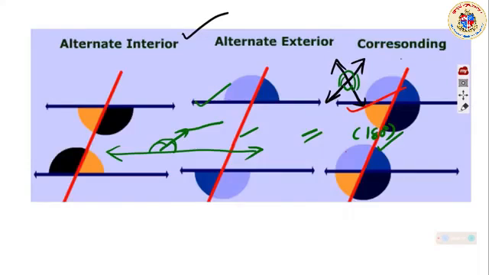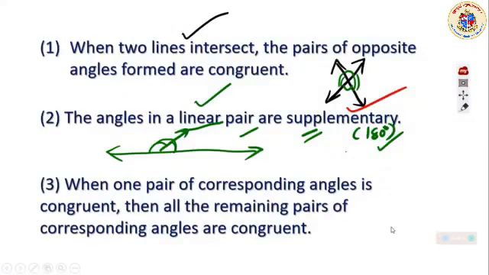Here you have seen the corresponding angles. If one pair of those corresponding angles is congruent, then the remaining corresponding angles are also congruent. These are things which we learned earlier, just to recollect.